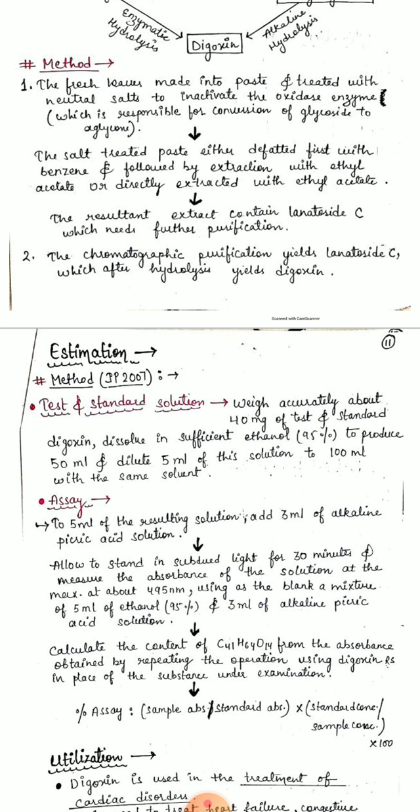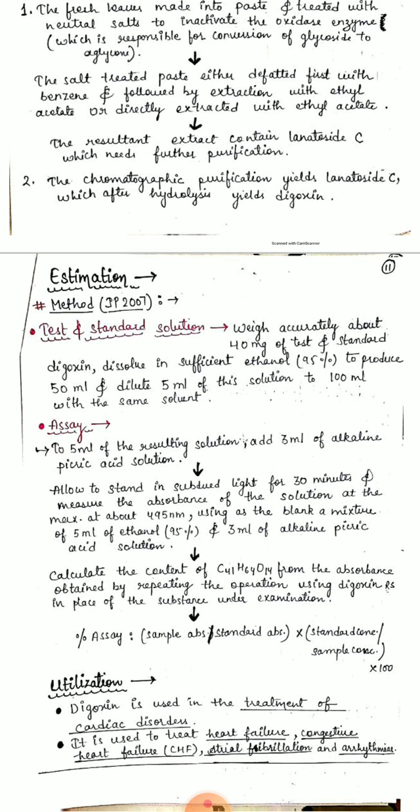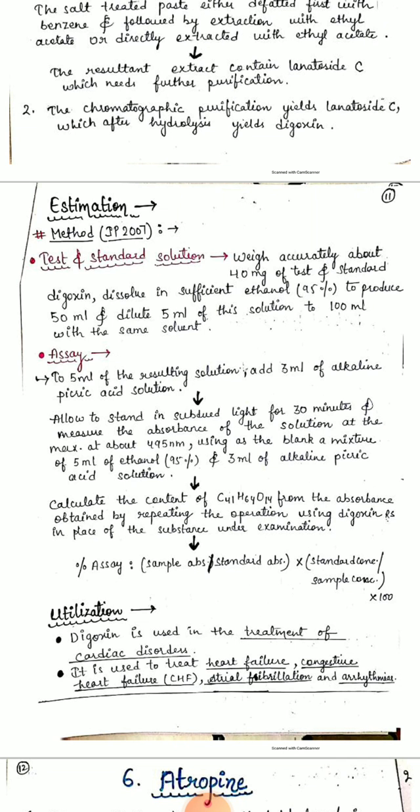This method has been taken from IP 2007, and for that we take a test and standard solution. First, we weigh accurately about 40 mg of test and standard digoxin and dissolve in sufficient ethanol, that is 95%, to produce 50 ml, and dilute 5 ml of this solution to 100 ml with the same solvent. Next is the assay.